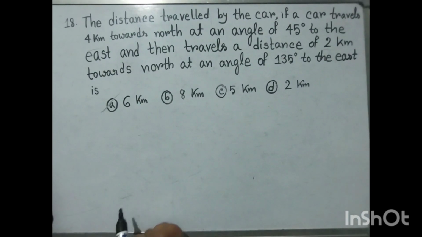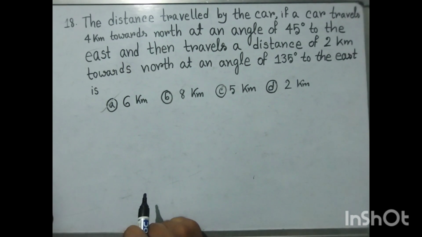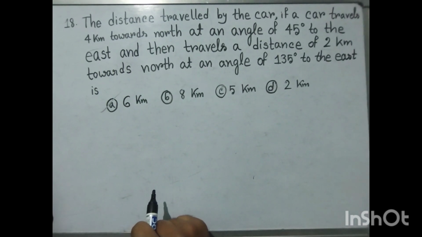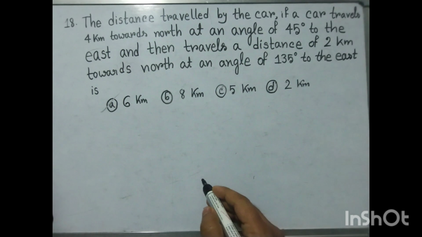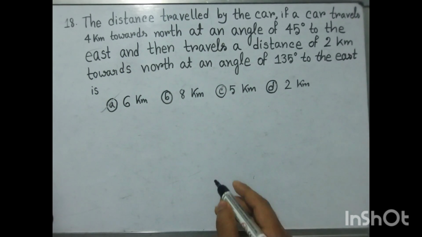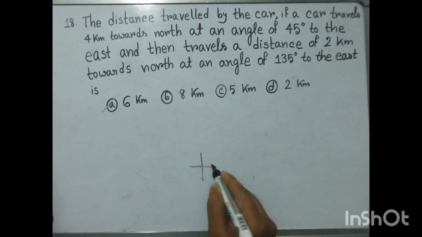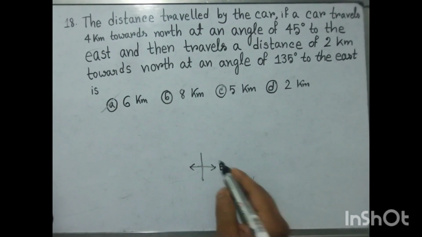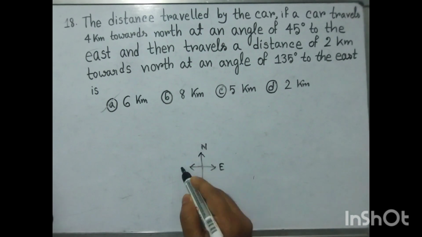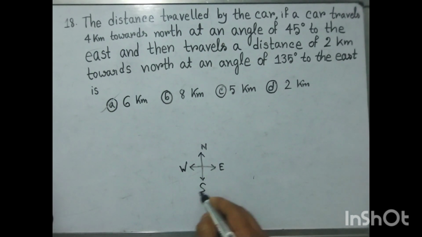Okay, this question is about the distance traveled by the car. A car travels 4 km towards north at an angle of 45 degree to the east. So this direction is east, this is north, this is west, and this is south.